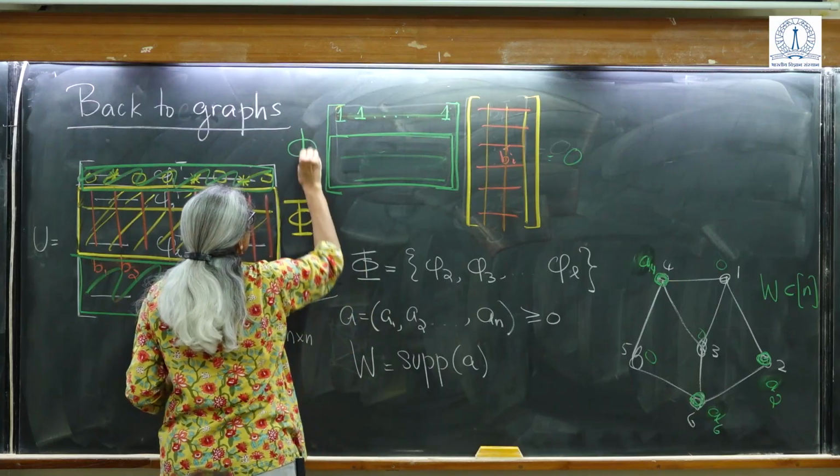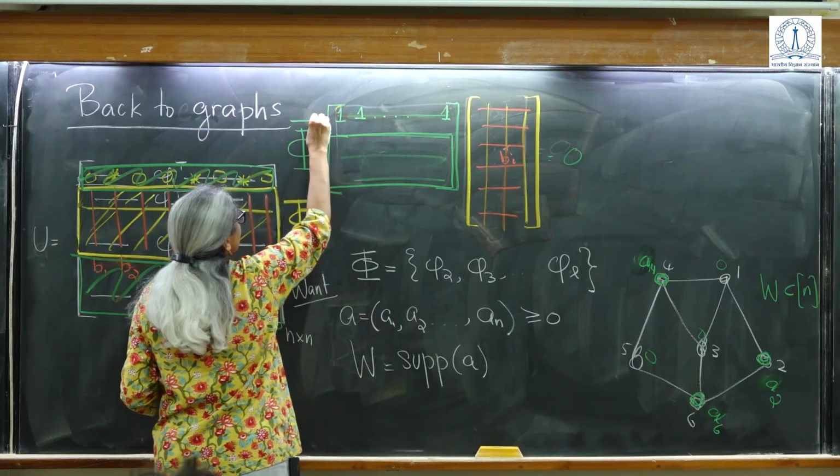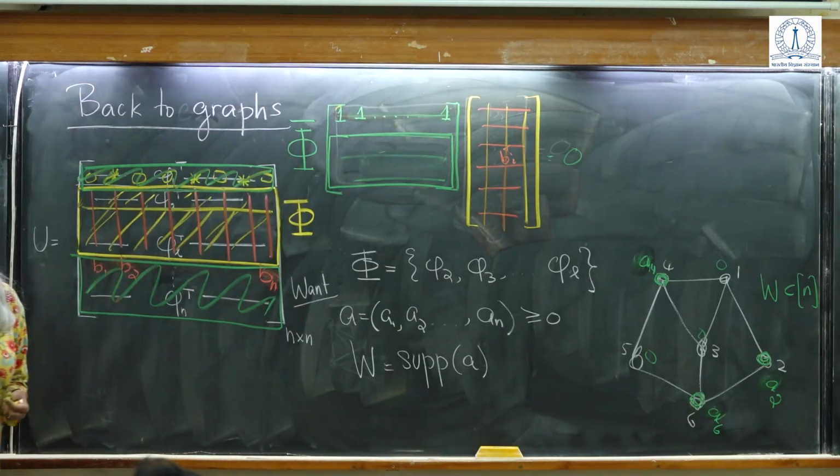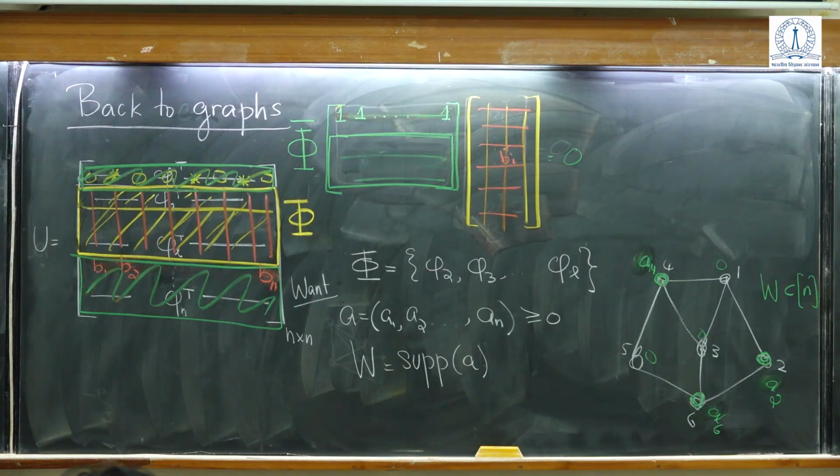But altogether, this is phi bar. Okay? This is everything that's not yellow. That's the A part. Everybody okay? So we have a dual configuration for free sitting inside the original eigenbasis matrix.